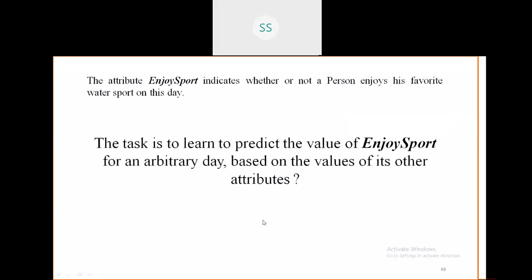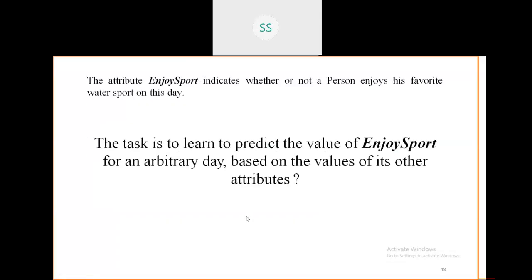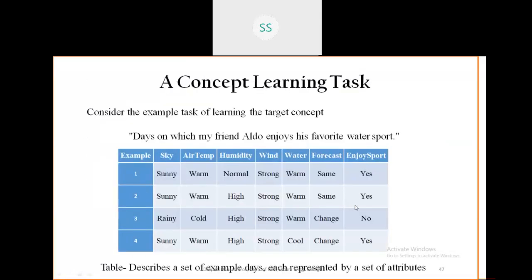Can anyone tell me? My hypothesis is something like question mark, cold and high, question mark, and question mark. Right? And what is the value of each attribute? Can anyone tell me?